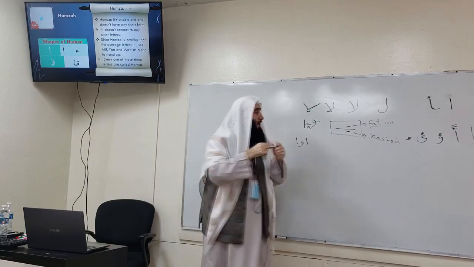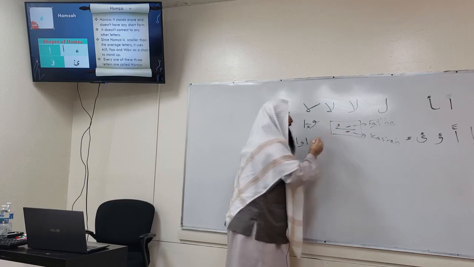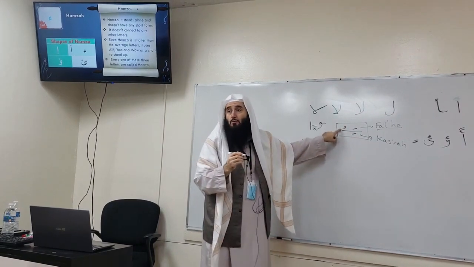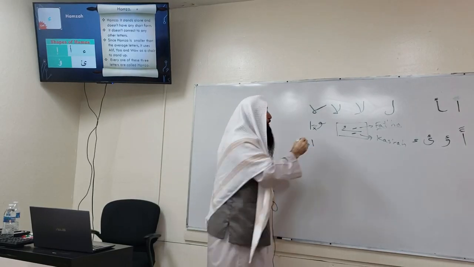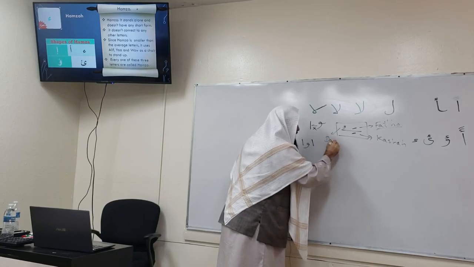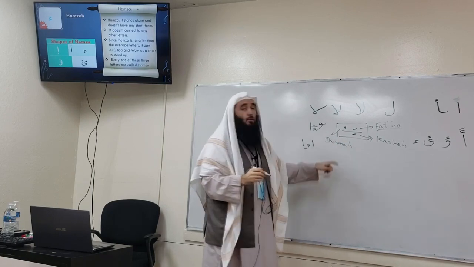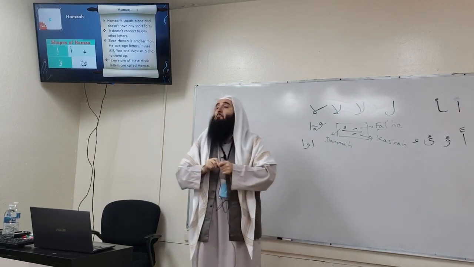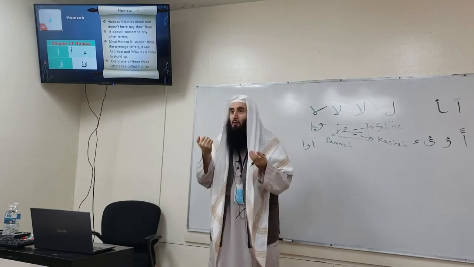Now, if you see this little comma, like a small vowel, on top of the letter, it always comes on top of the letter. What do we call this in Arabic? Dhamma. What does dhamma mean? To squeeze. Basically we're talking about the mouth.